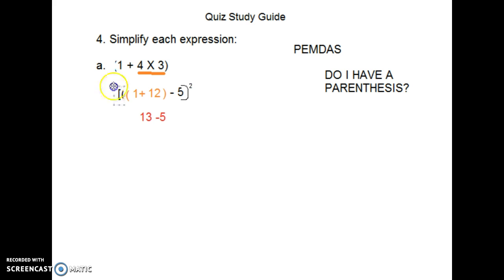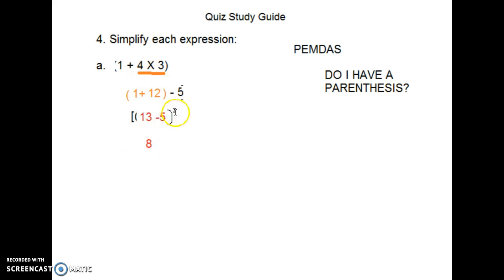And again, I'm going to bring down my brackets now. And let's solve this, because we're still in parentheses here. So 13 minus 5 is going to be 8.